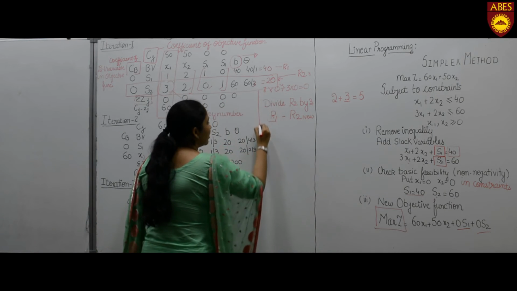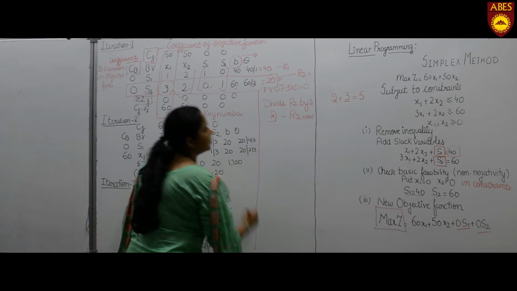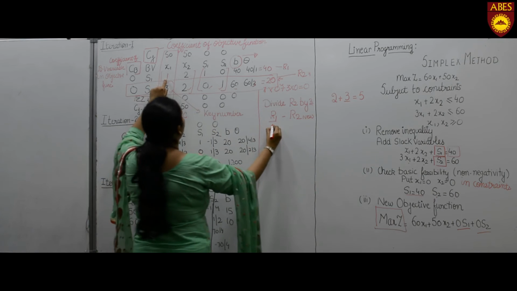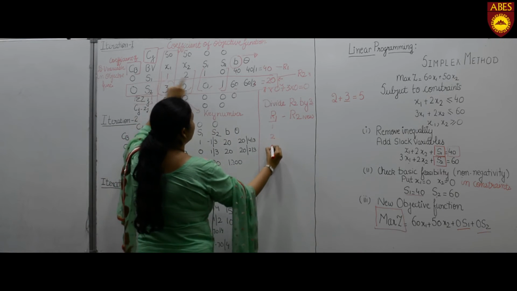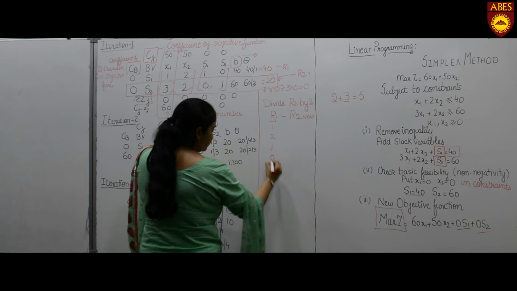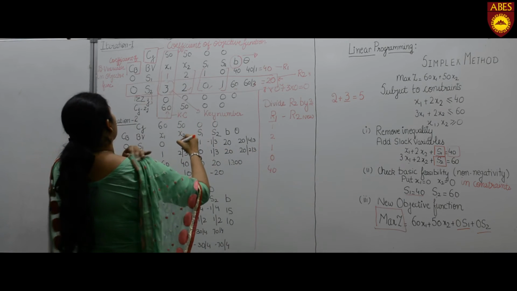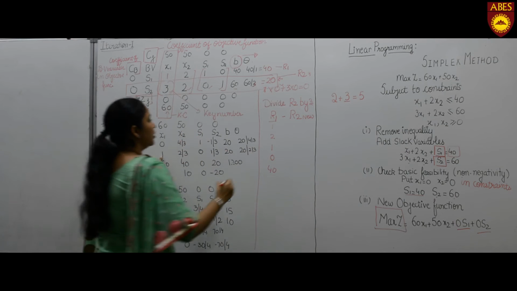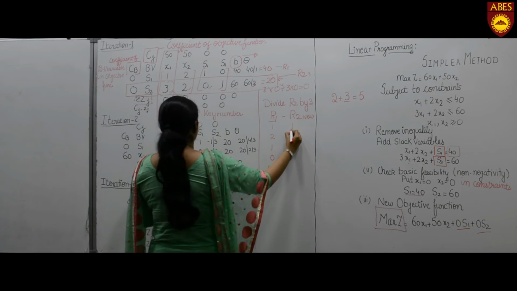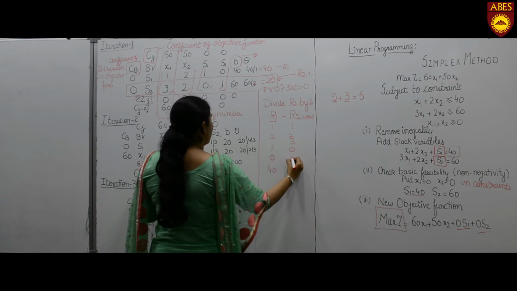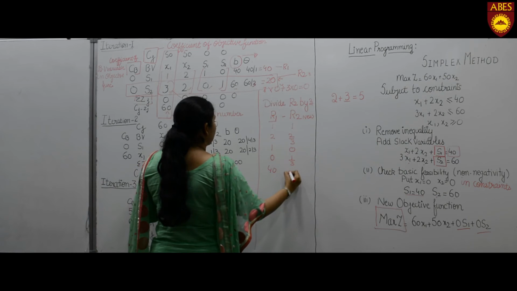You have to make a rough space for it. Now what is R1? R1 is 1, 2, 1, 0, 40. Next, new R2 is 1, 2 by 3, 0, 1 by 3, 20.